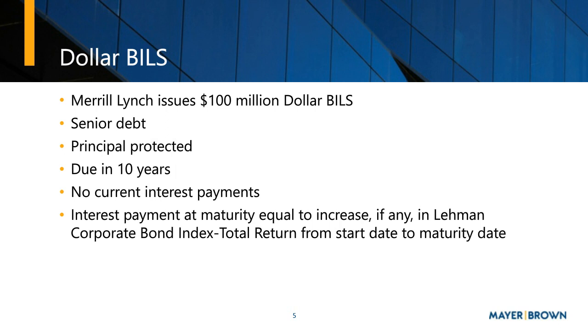Now, there was no current interest payment on this bond, but the interest was payable at maturity only, equal to the increase, if any, in that Lehman corporate bond total index return from the start date to the maturity date.